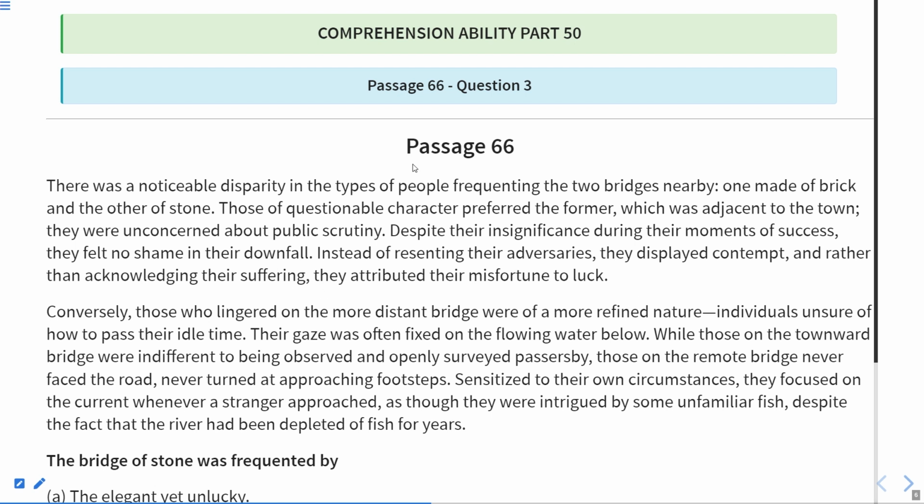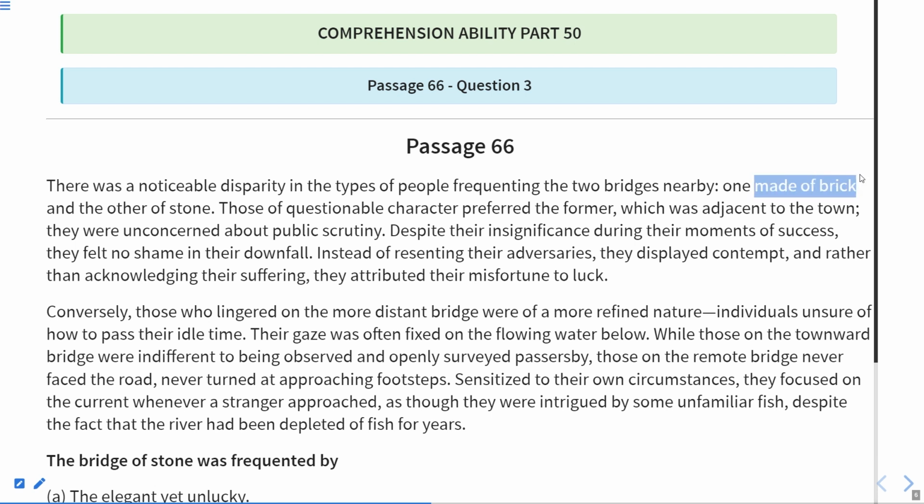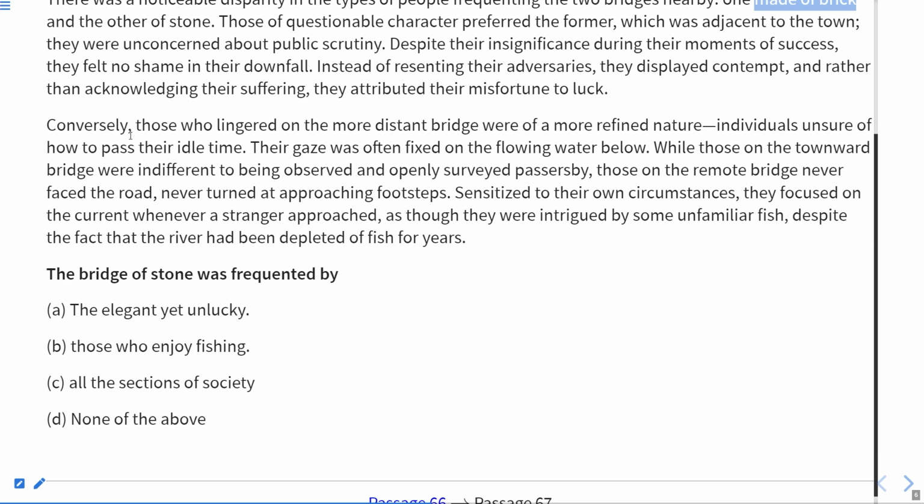It means in the first paragraph, we have talked about those people who linger on the bridge made of brick. Whereas in the second one, conversely, which means on the contrary, whatever is written in the first paragraph is just the opposite of the second one.